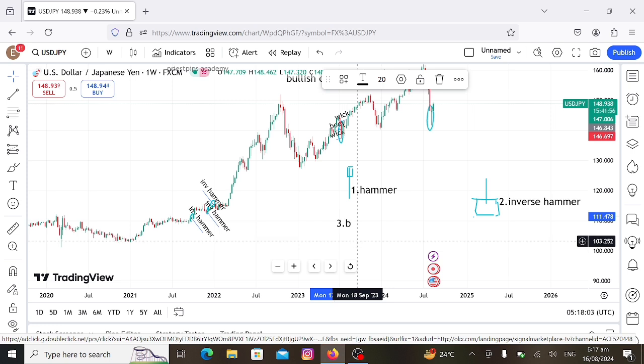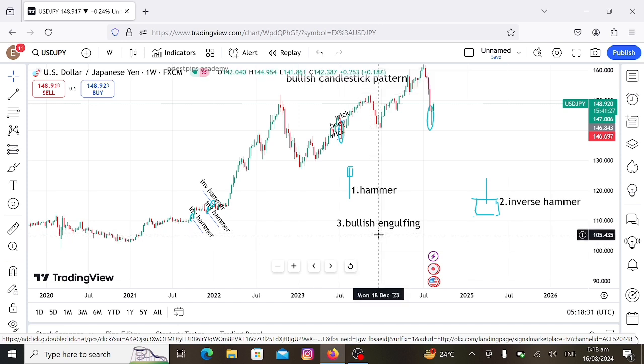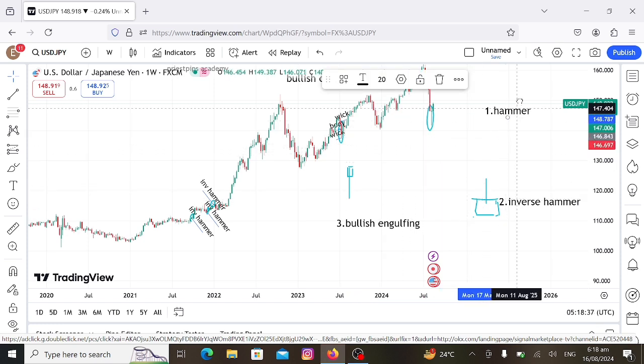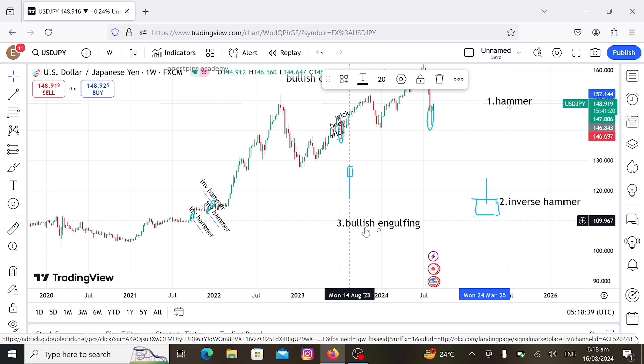So let me say bullish engulfing. So this is number three. My one was this.